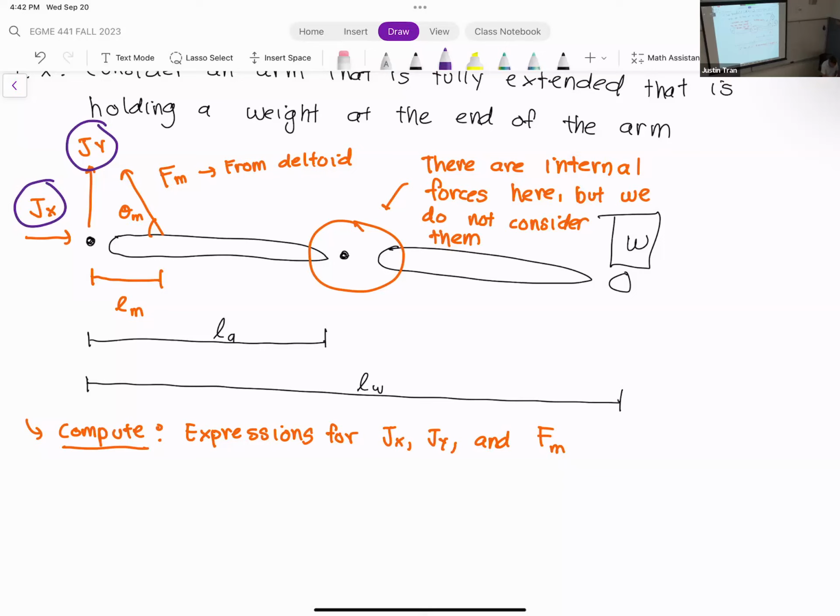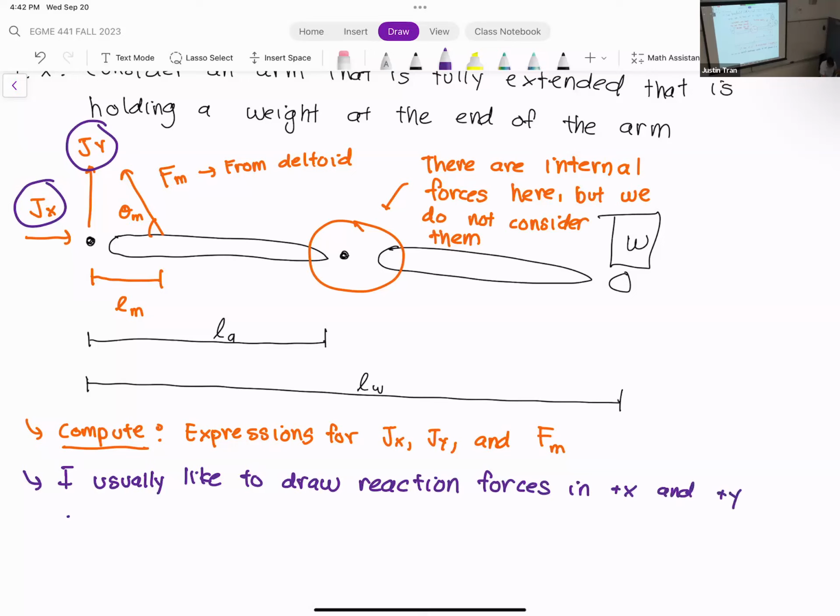Usually what I like to do is draw the reaction forces in the positive x direction and the positive y direction. That way, when they show up in my Fx and Fy equations, they just show up as positive terms.